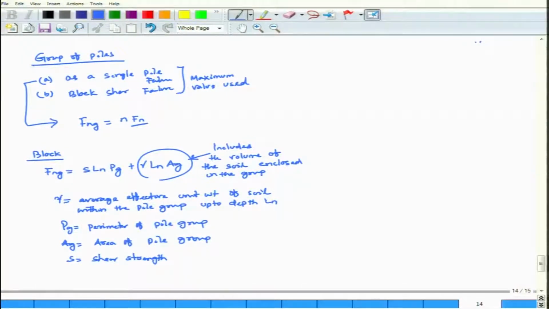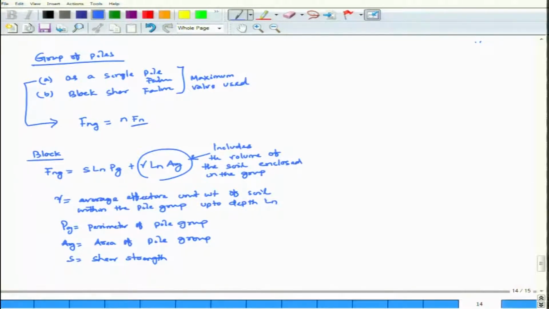If there is a group of piles, considering single pile failure, negative skin friction multiplied by n, number of piles, you can find it out. Considering block failure, you can find it out, and here the maximum value is to be used. Earlier it was a minimum value; here for negative skin friction it is the maximum value to be used.